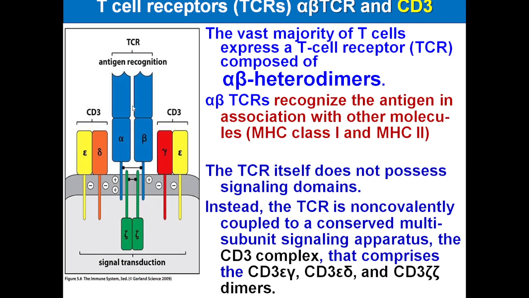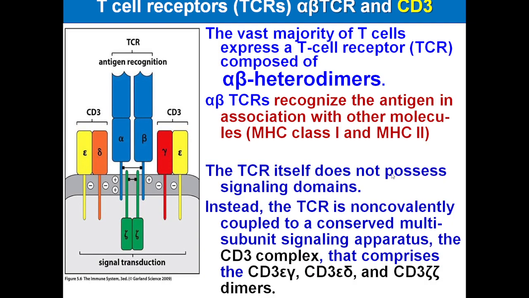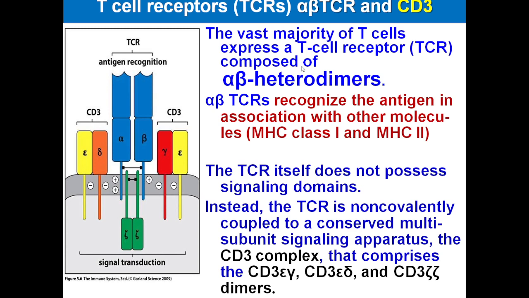In this signal, T cell receptors play a very important role. T cell receptors, these red T cell receptors of the T cells, may be of alpha beta or gamma delta type. Alpha beta are heterodimers that are receptors of the majority of T helper cells and T killer cells.